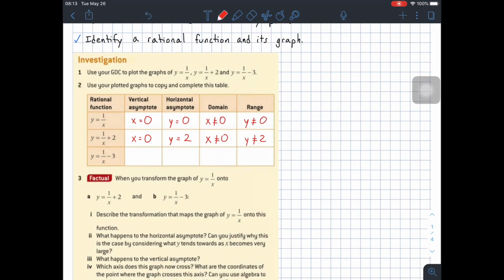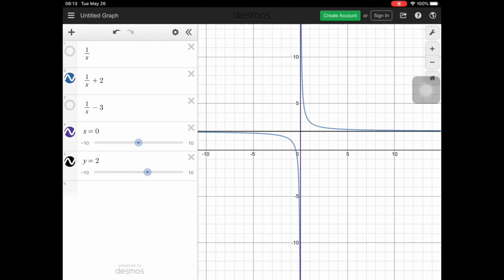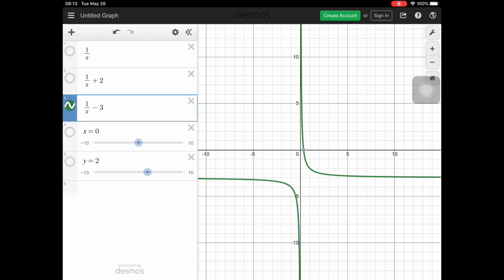Finally, the third one. If you already notice a pattern, what we should get is a vertical translation 3 units down, right? So now the horizontal asymptote should be y equals -3. So let's see. I'm going to erase this. Let's plot the green one. There you go. So this is the third function.